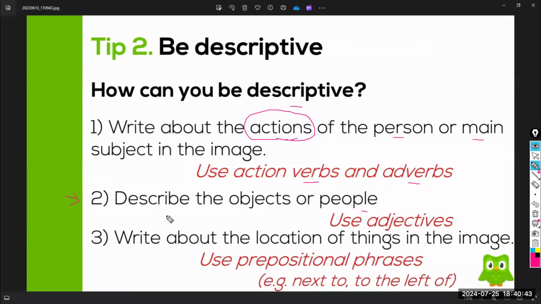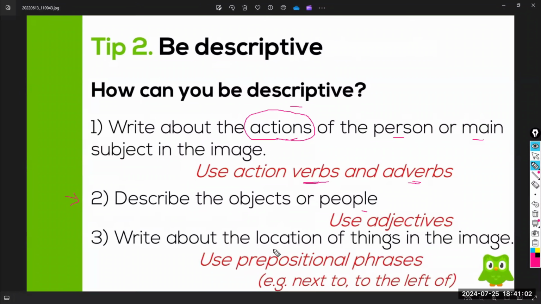What do you mean by action adverbs? The adverbs that denote movement. We have a certain example. After this image, I'm going to show you that example just to be able to understand the meaning of action verbs and action adverbs.